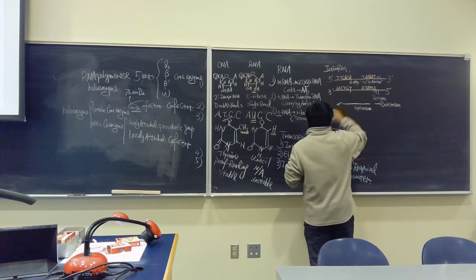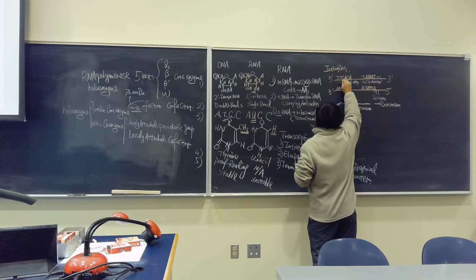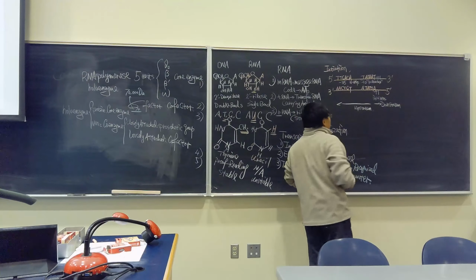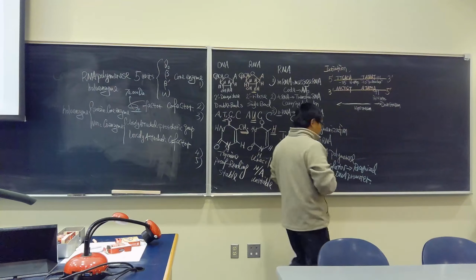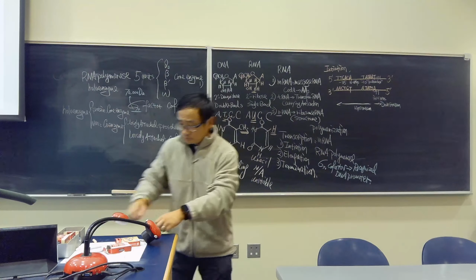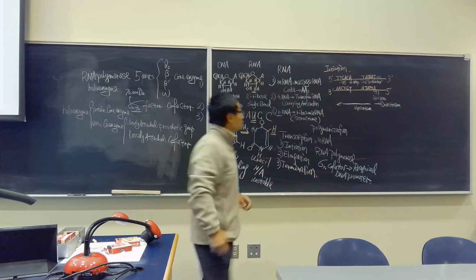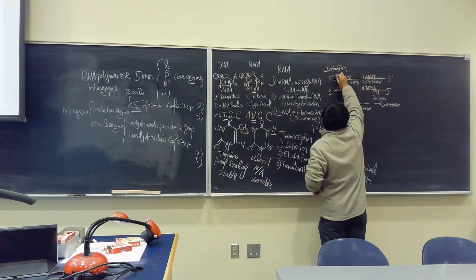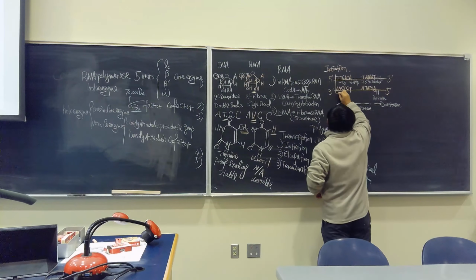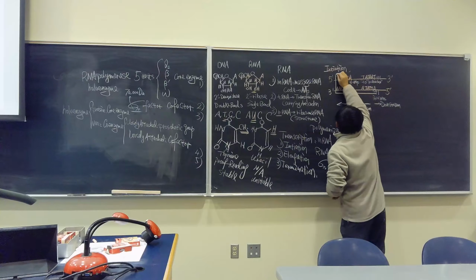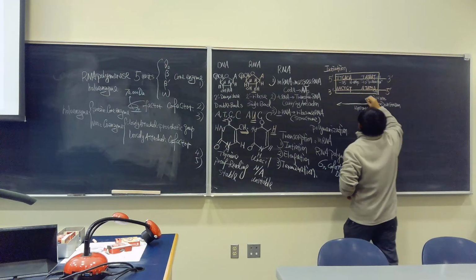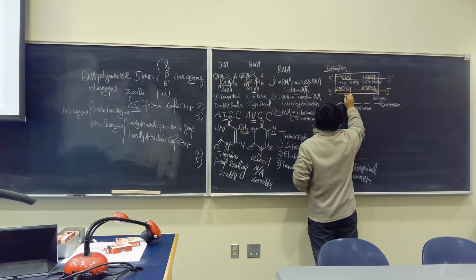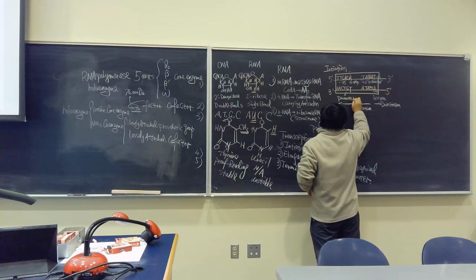This section we call -35. The -10 and the -35, this whole section up to +1, we call the promoter.